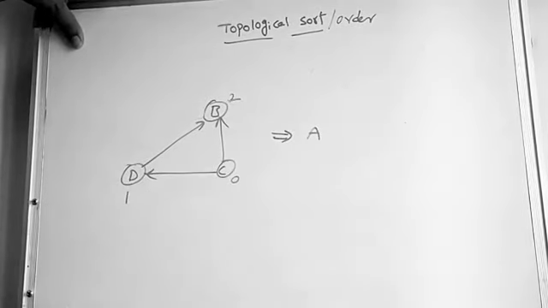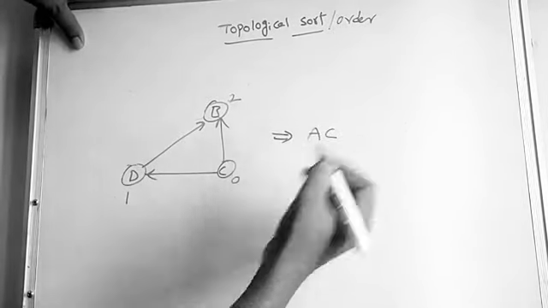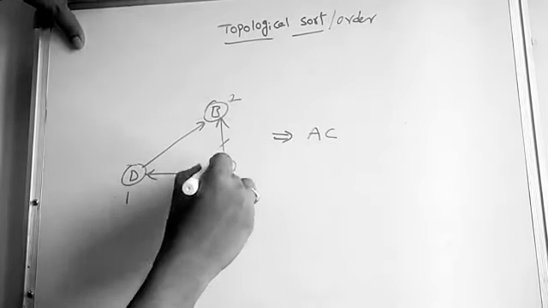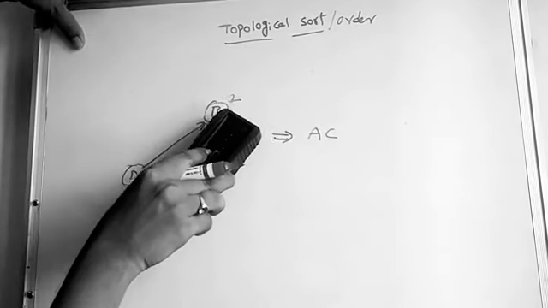C has in-degree 0, there are no incoming edges. So among those 3 vertices, which vertex has in-degree 0? C. So C is entered, and its edges and node are removed from the graph.